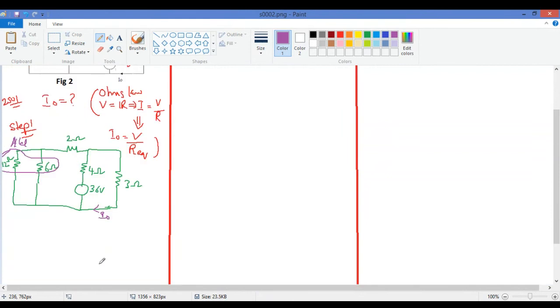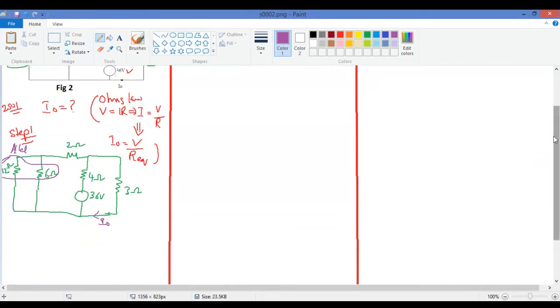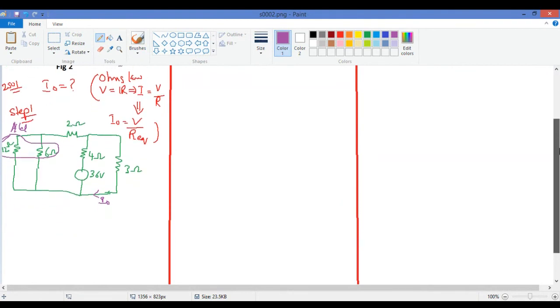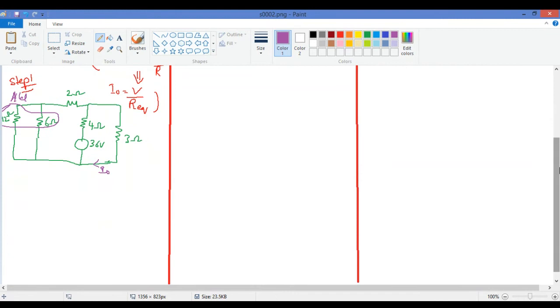So shall we solve from here only? We have the space, so we'll solve from here only. Let's go down. Let us see step number 2 now.